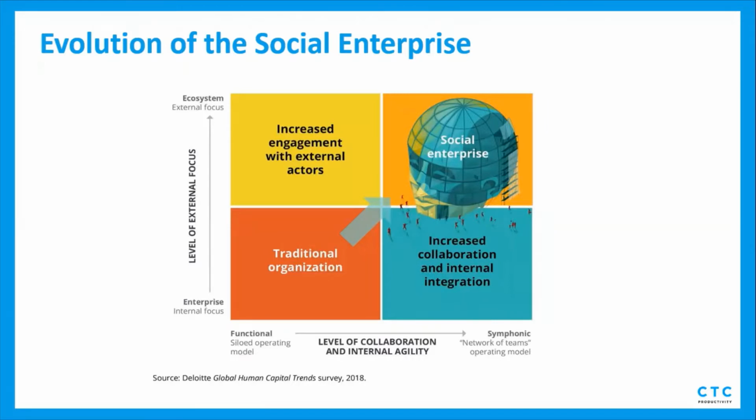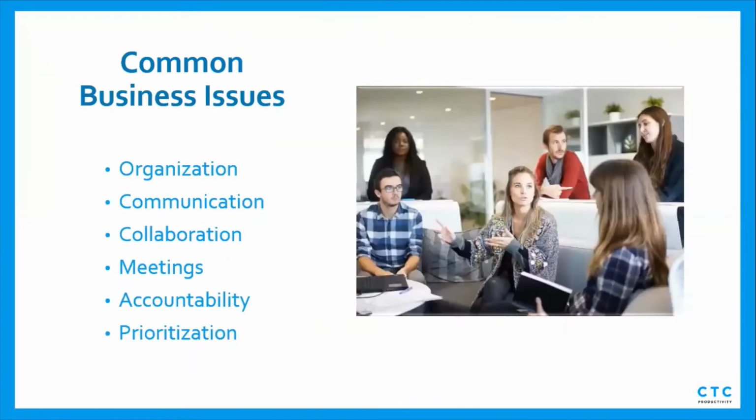And as we move into this more network of teams, there's a list of business issues that have become bigger and bigger that we're noticing. So organization of data is a really big challenge. Everybody has disparate information and nobody knows where things are when you're working with other people. Communication, collaboration. I think everybody I know is drowning in emails. And we always say that email is often a symptom that there's a problem.